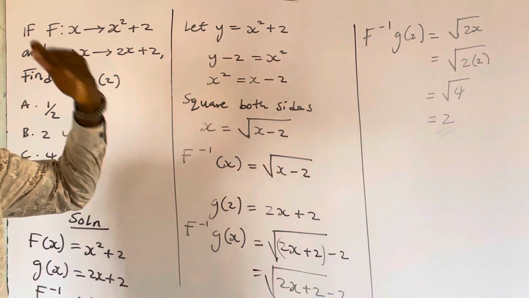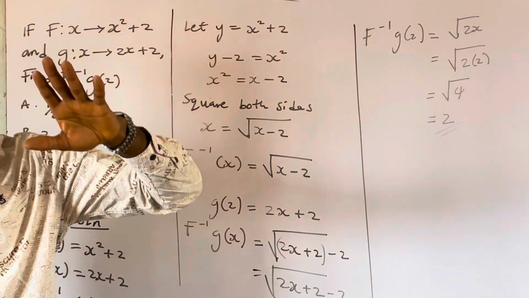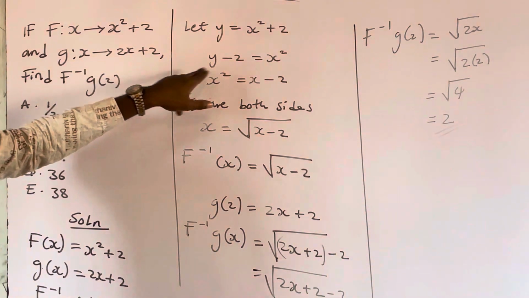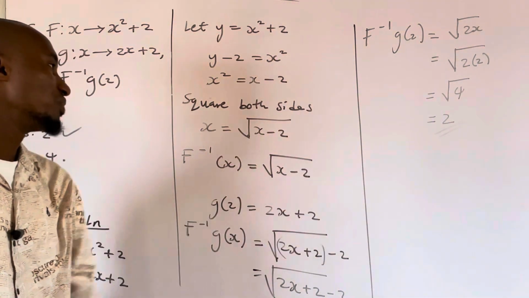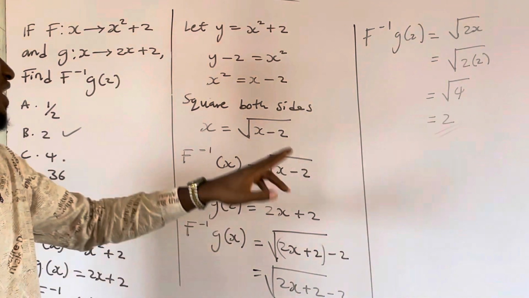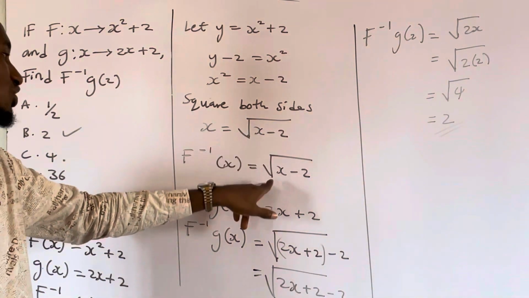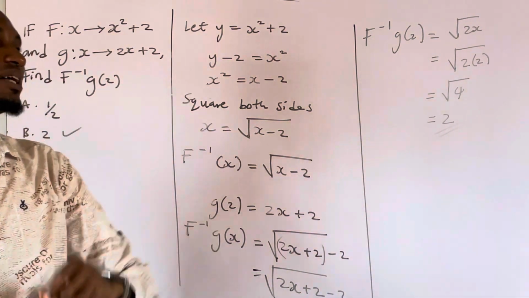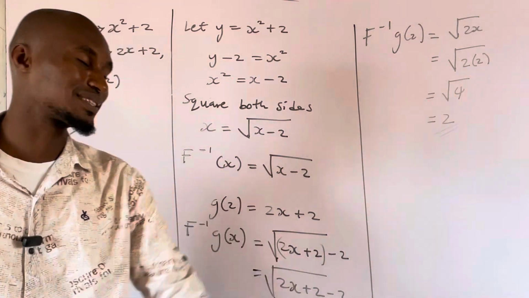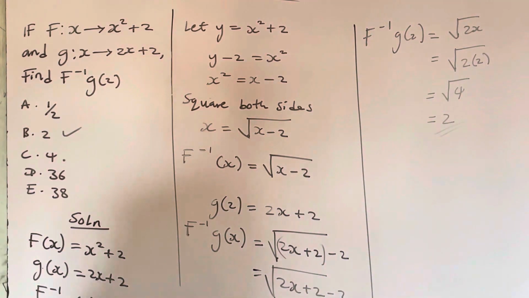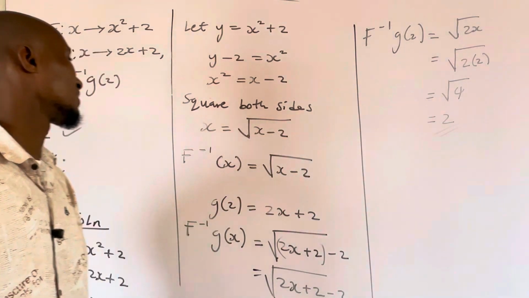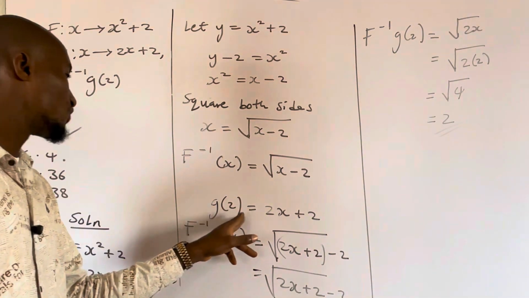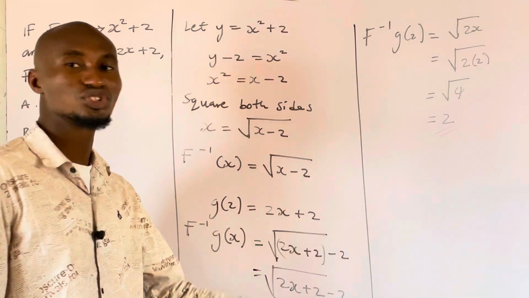So here, for the normal inverse of a function, I told you that you let y equal the function itself, then make x subject of the formula. So you will recall I circled the y here to remind you that x ought to be there, because after making x subject of the formula, you then change the y to x according to the principle. We got this as f inverse of x, but g of x contains 2x plus 2.